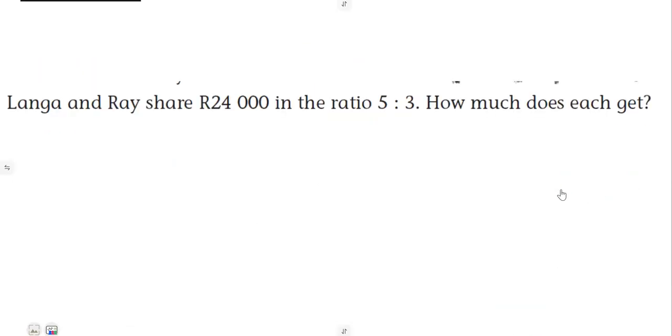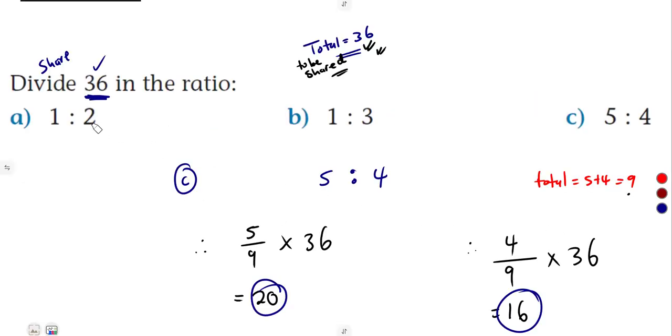Two guys that we are given, Langa and Ray, share 24,000 Rand in the ratio 5:3. The moment you are given that ratio, ask yourself, what is the total of that ratio? Because they are sharing. Let's go back here.